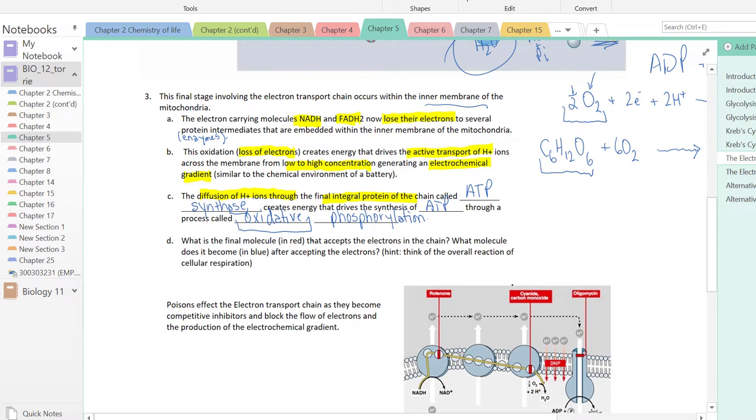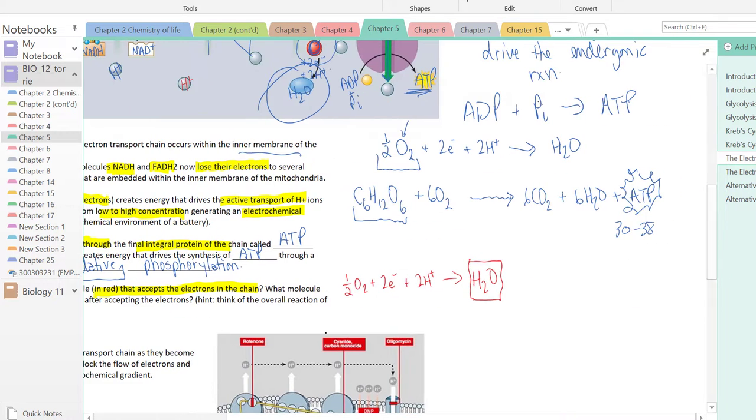And finally, the molecule in red, oxygen, accepts the final electrons. I want to reemphasize that equation in which the oxygen is going to accept 2 electrons along with 2 hydrogen ions in the formation of water. And we should really recognize, much like in the Krebs cycle, and going back to our equation of cellular respiration, that we get these molecules of CO2 and water.